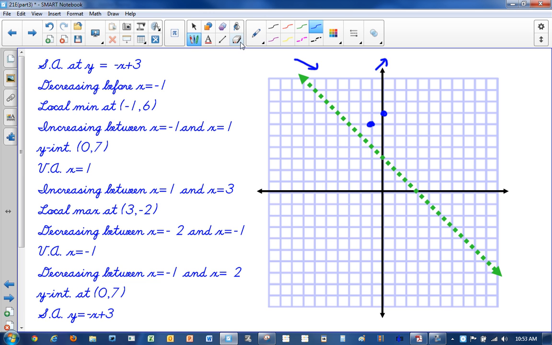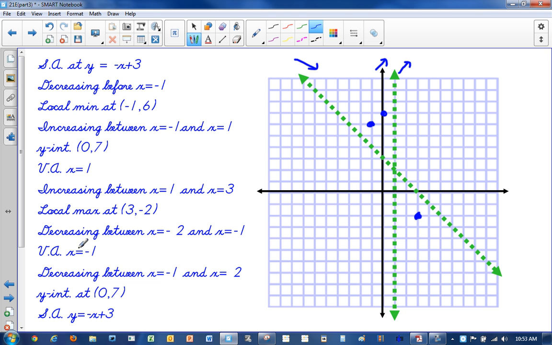And there's a vertical asymptote at x equals 1. So let me draw that in. There's my vertical asymptote. Then I am increasing everywhere between x equals 1 and x equals 3. So increasing there. I have a local max at 3 and negative 2. So right there, that's a max.